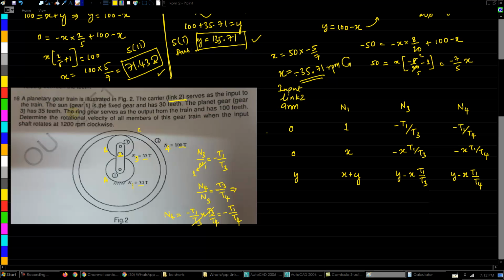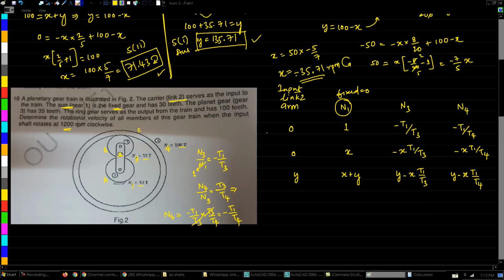Next, if you proceed further, you can see it is written the sun gear or the gear 1 is fixed, which means its velocity has to be 0. Finally, one more value is needed, that is the rotational velocity of all the members we have to find when the input shaft rotates at 1200 rpm clockwise.